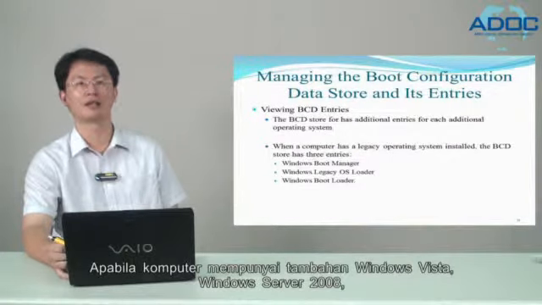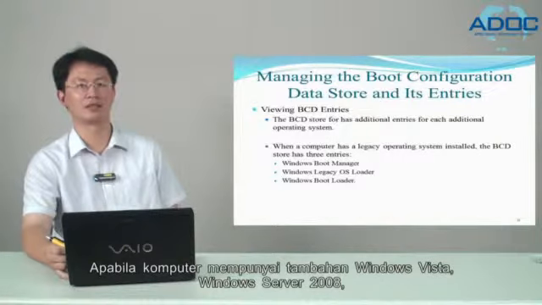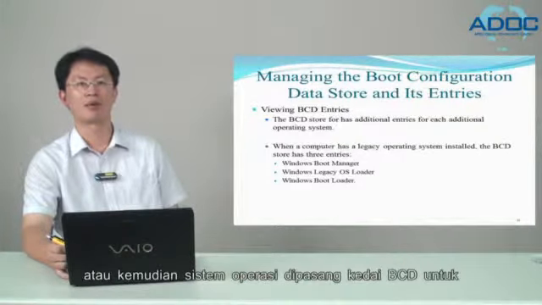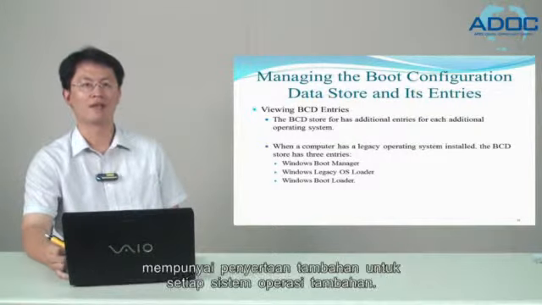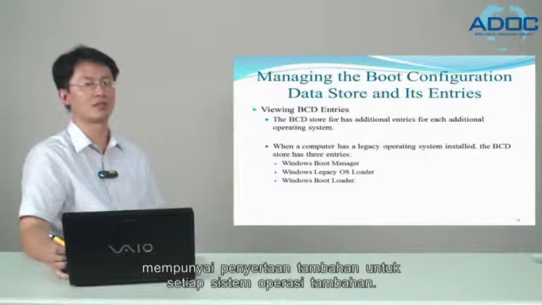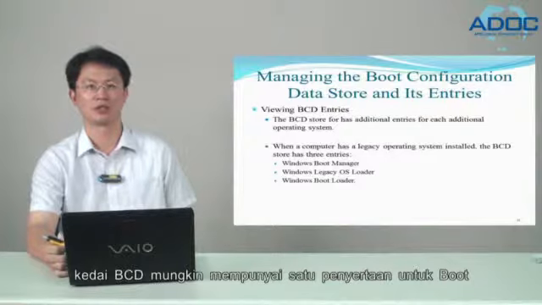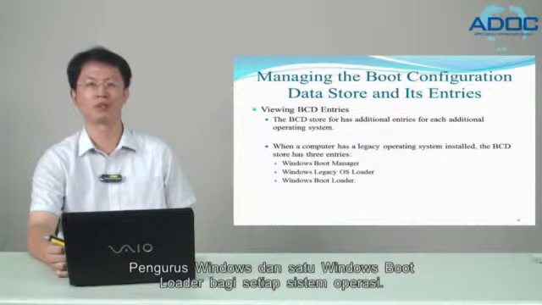When a computer has additional Windows Vista, Windows Server 2008, or later operating systems installed, the BCD store will have additional entries for each additional operating system. For example, the BCD store might have one entry for the Windows boot manager and one Windows bootloader for each operating system.